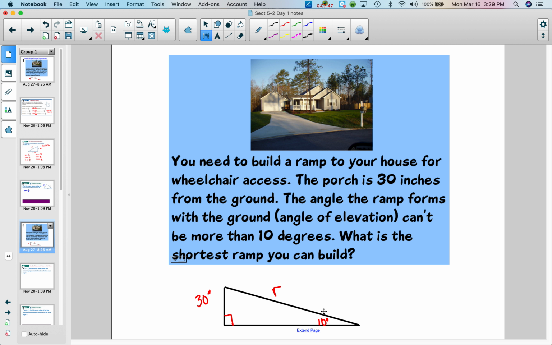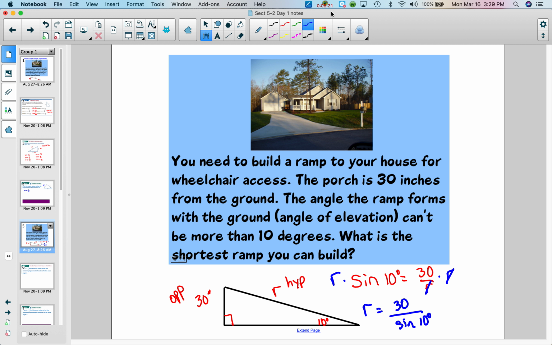Relative to that angle, this is the opposite side, and this is the hypotenuse, which means if I write sine 10 degrees, I get opposite over hypotenuse, and now I can solve this. The r is in the denominator, so I'm going to multiply both sides by r to get it out of the denominator, and now I'm going to divide by sine 10 degrees.